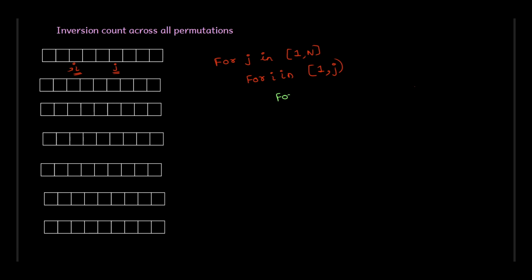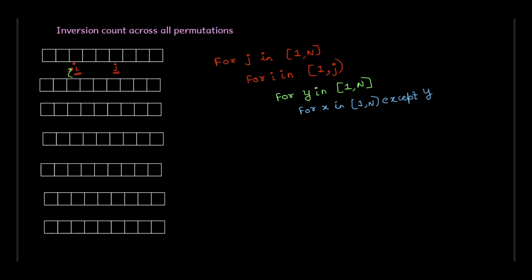So you do something like, for y in 1 to n, so any element can land over there. And what do you want to place on the left element of the pair? You can place anything, so you add for x in 1 to n except y. And how much will they contribute?